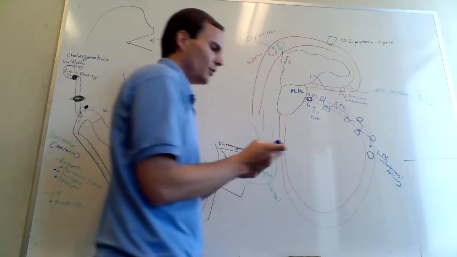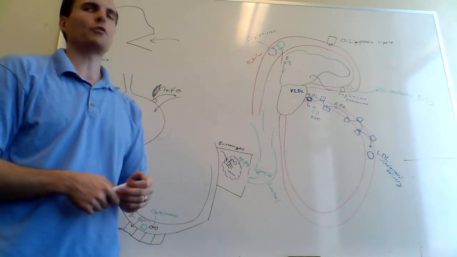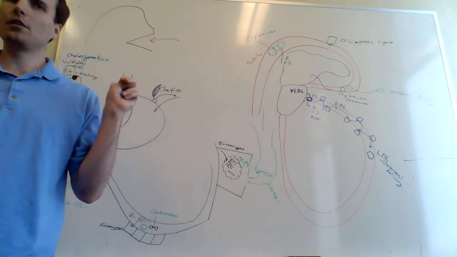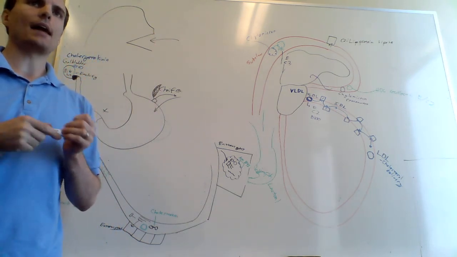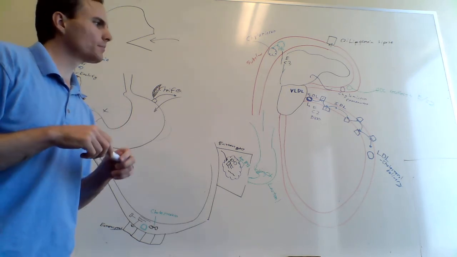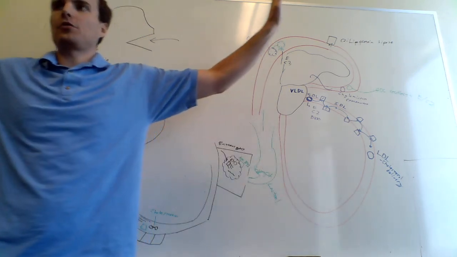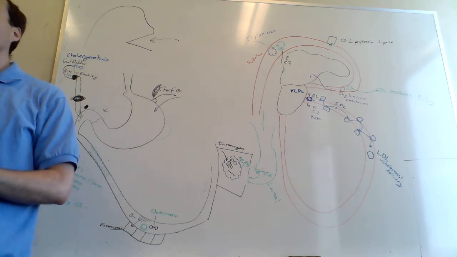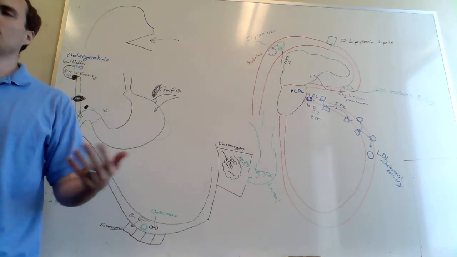And that is why it is often referred to as the bad lipoprotein, the bad fat, LDL. It's because it's depositing cholesterol. And that's good as long as it doesn't do it too much. If it does it too much, then that's bad.